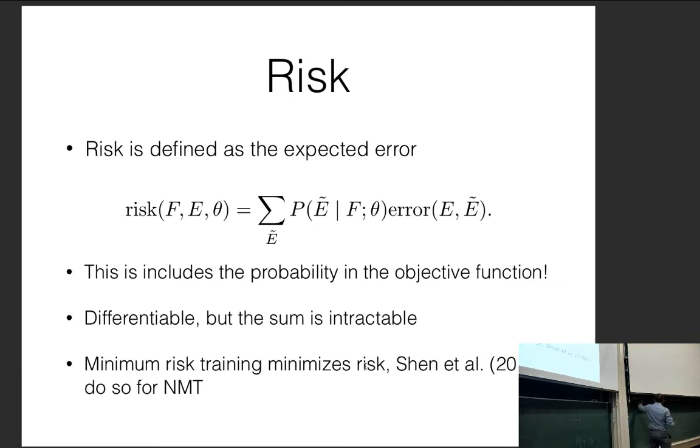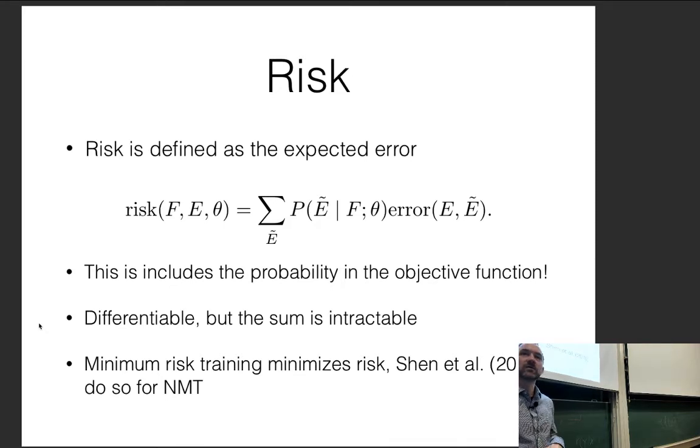But basically, if you set the error function to be 1 if e tilde is equal to e, and 0 otherwise, this probability of e tilde becomes the probability of e, right?